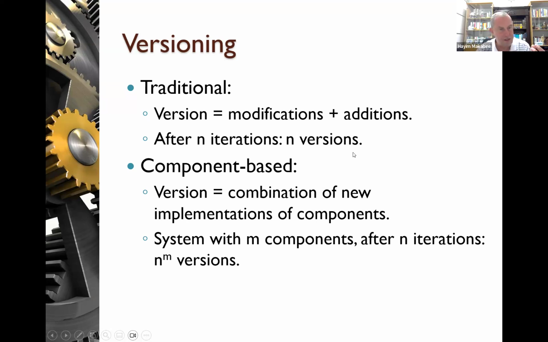But if you use components, a version is a combination of components. Now let's see if you're good at math. Yuval, pay attention. If you have a system with m components, after n iterations, supposing that in each iteration we create a new version for each component, then you have n to the power of m versions.